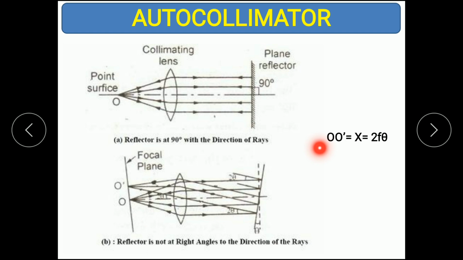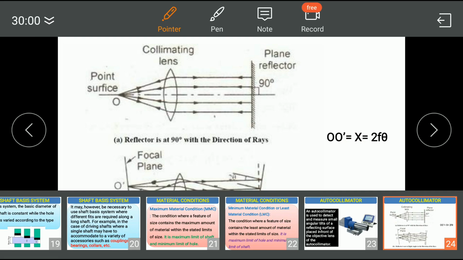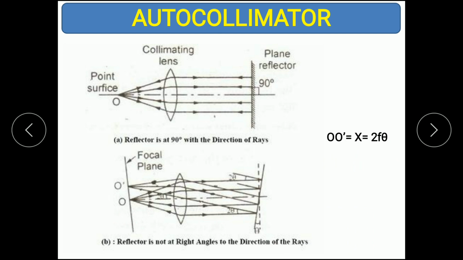that is x. O dash is also denoted by x, it is equal to 2f into theta. So here the distance between O and O dash, which we can measure with the help of a scale, is equal to 2 into f. F is the focal length.